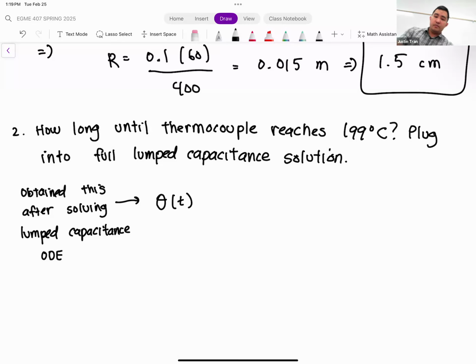I'm going to skip that step, since we did that last time. Remember, we had that first order differential equation, and we solved it with an integrating factor, and we got this equation.